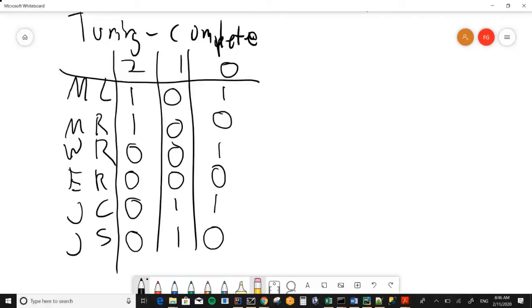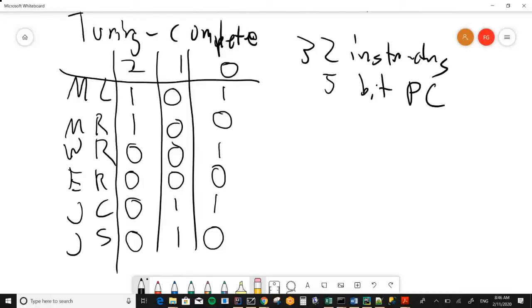So how about, just to keep it super simple, let's go with a maximum of 32 instructions in a program. This is obviously not a practical computer, right? But the difference between this and a practical computer is just more instructions. Okay, so with 32 instructions, we need a 5-bit program counter.